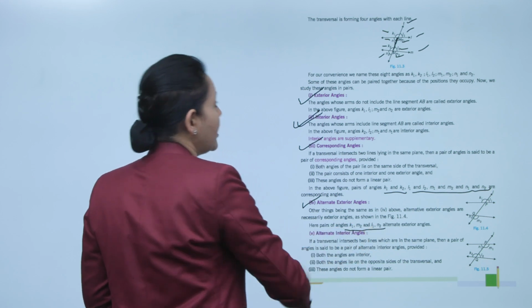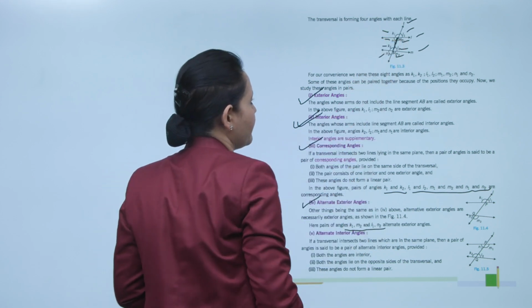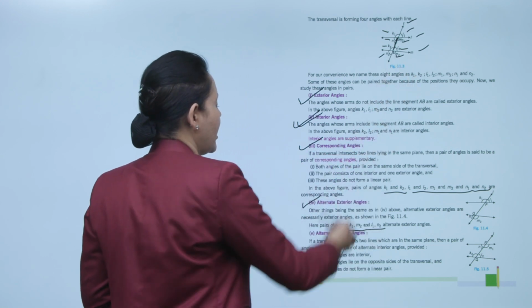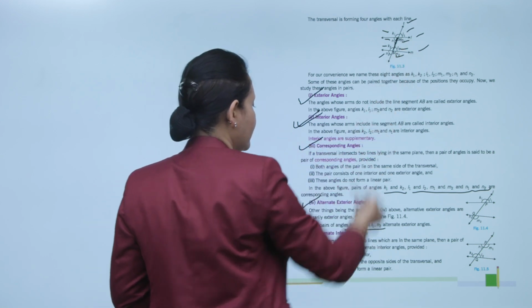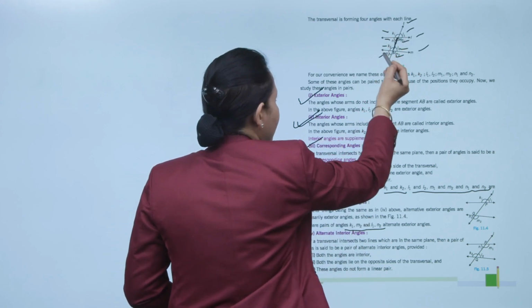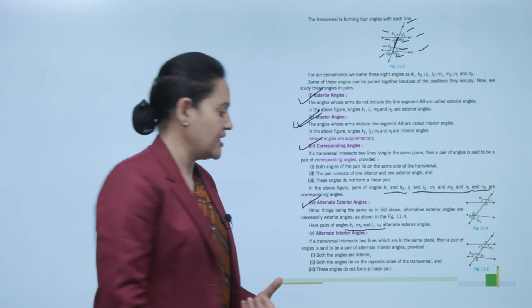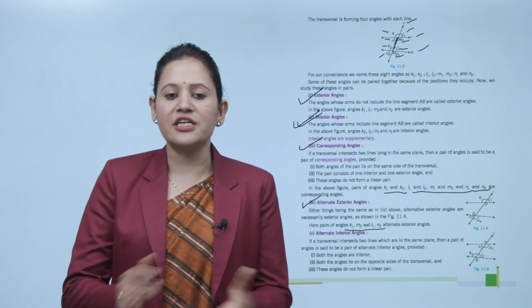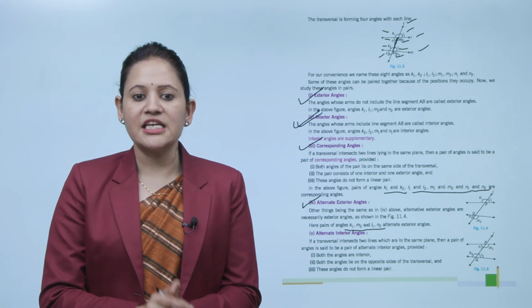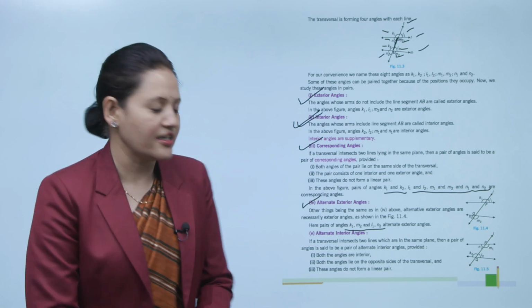K1 and M2, L1 and N2 are exterior angles and alternate, so they are called alternate exterior angles.